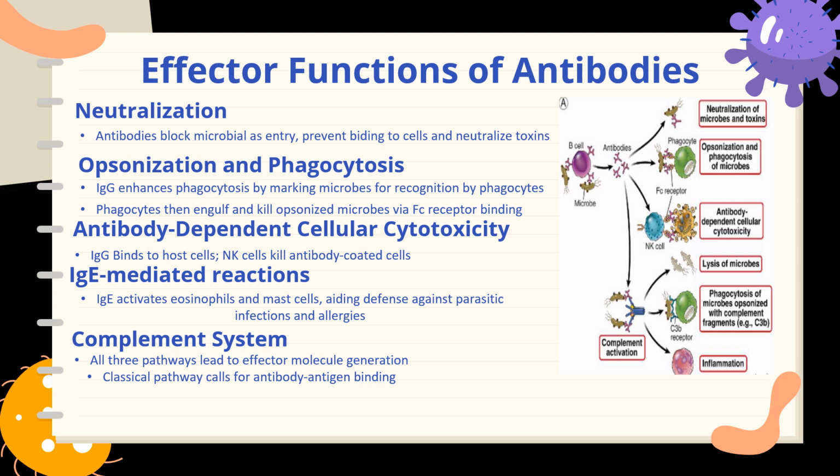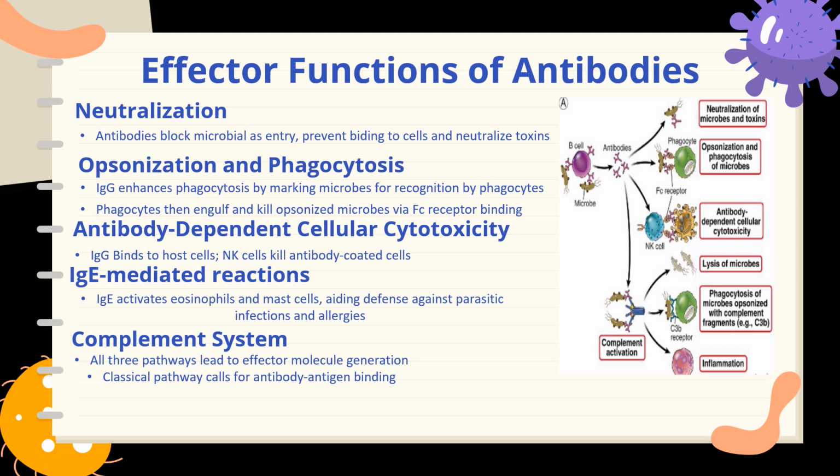ADCC begins with an IgG binding to a host cell. The Fc region is then recognized by Fc gamma RIII on natural killer cells, which activates the killing of the antibody-coated cell, similar to opsonization. IgE and eosinophil mast cell mediated reactions.